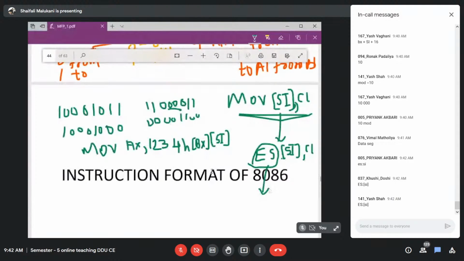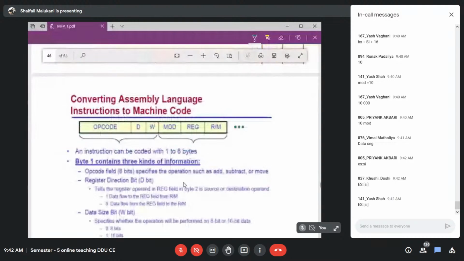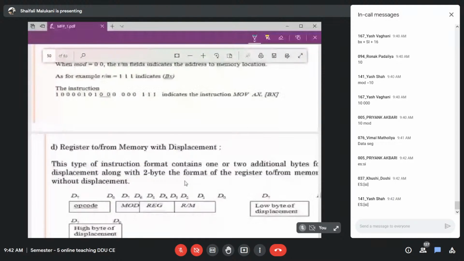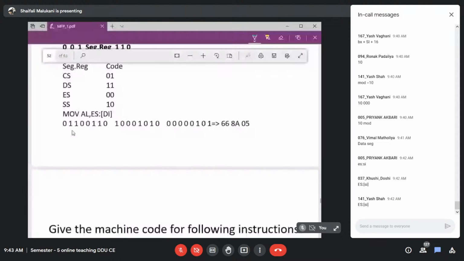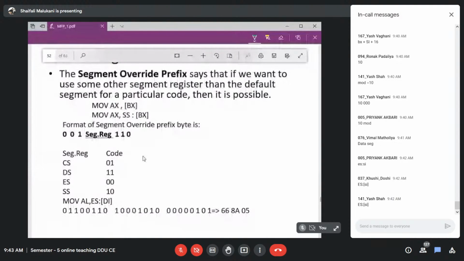One byte will be extra, and that will be prefixed to the code. This was the code for this. There will be an extra byte which will indicate the segment address is not the default one but the specified one. What will be that byte? I can show you that. In that byte, the first few values are fixed.